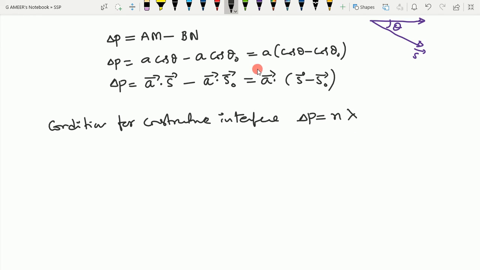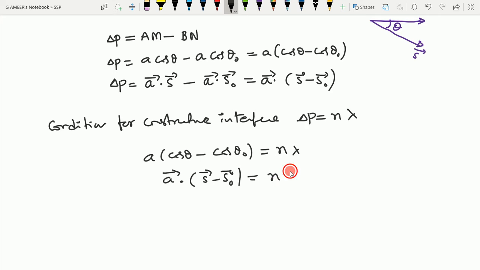So I'll substitute here, that is A (cos theta minus cos theta naught) will be equal to n lambda, or otherwise A dot (S minus S naught) will be equal to n lambda.